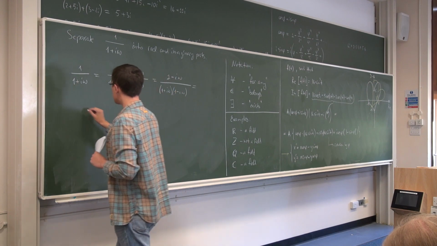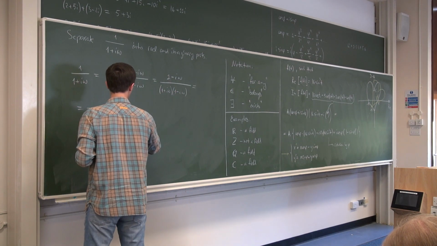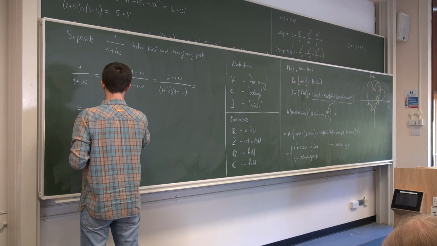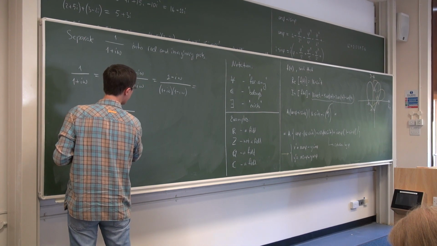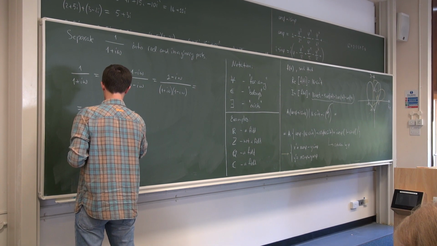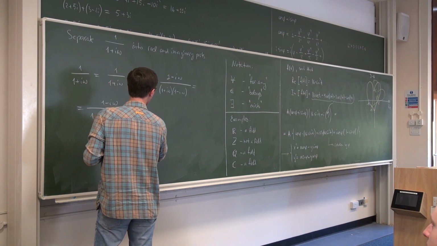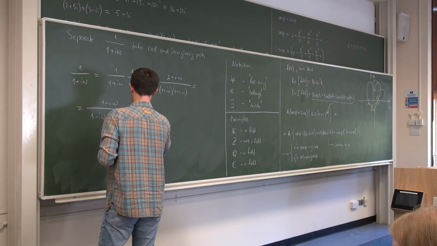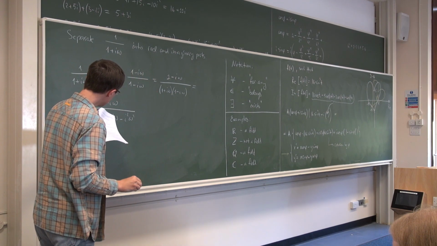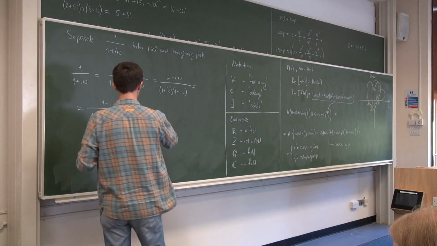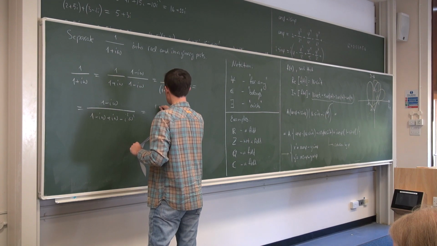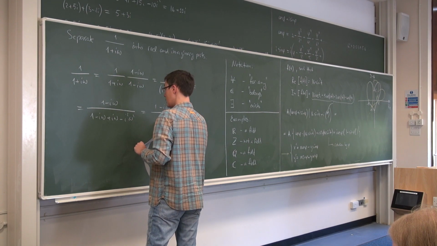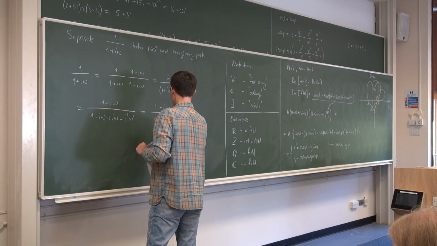Opening the brackets in the denominator: 1 minus I omega plus I omega minus I squared omega squared. This cancels that. I squared is minus 1. So we get 1 minus I omega over 1 plus omega squared.